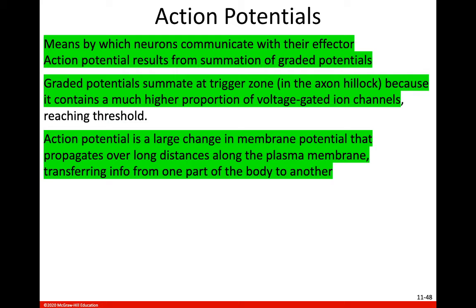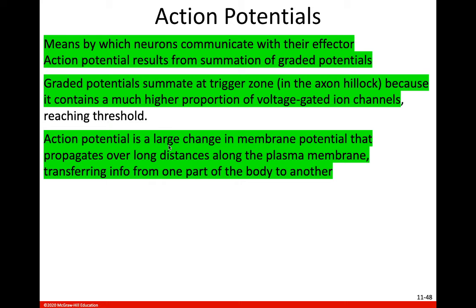Remember that is going to be the axon hillock and the initial segment at the beginning of the axon of the neuron. So the graded potentials are going to summate in the trigger zone at the axon hillock. And the reason it happens there is because there's a lot more voltage-gated ion channels there. Again, we've got to get those voltage-gated ion channels open to get enough sodium in to get us up to threshold.